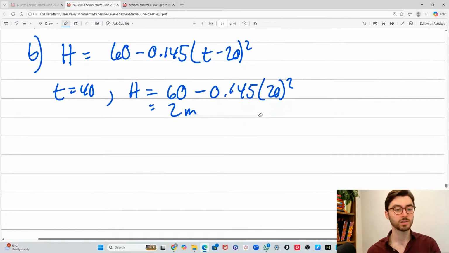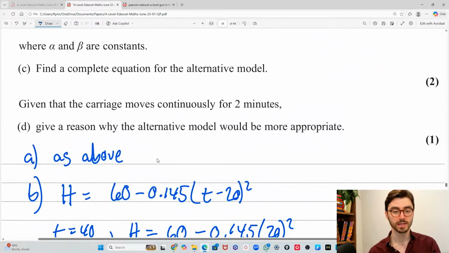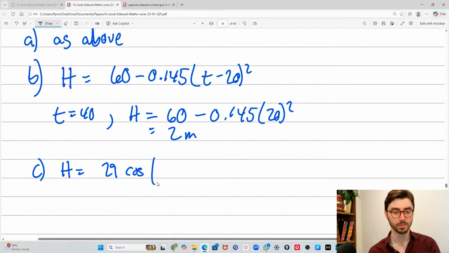Okay, let's work on this properly. So h is equal to 29 cos of 90 plus alpha, plus beta. I don't know why the 9 is there, but whatever, just roll with it.